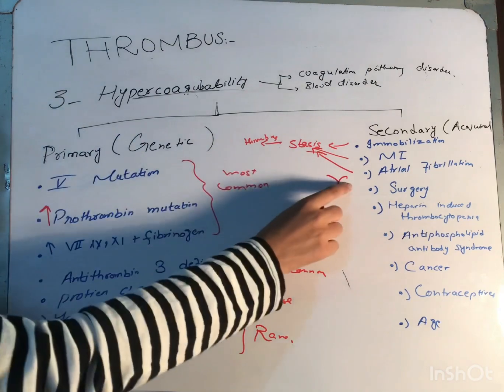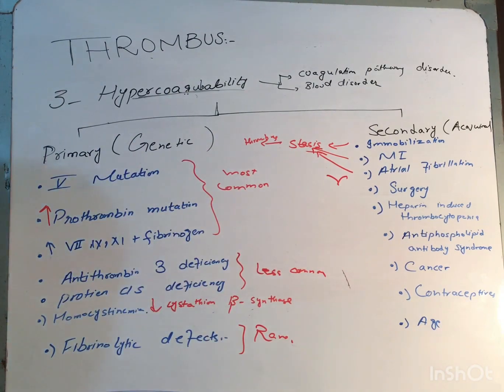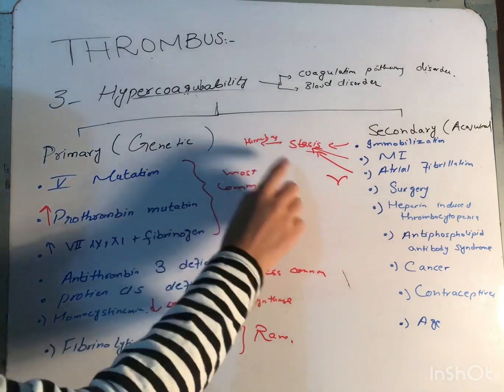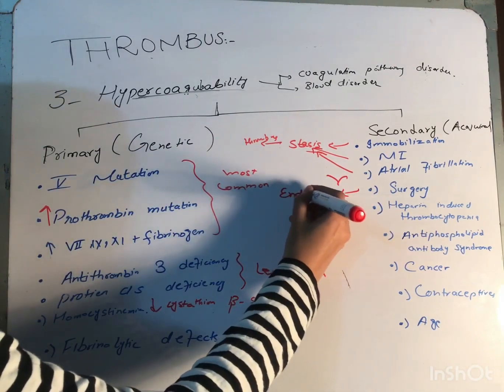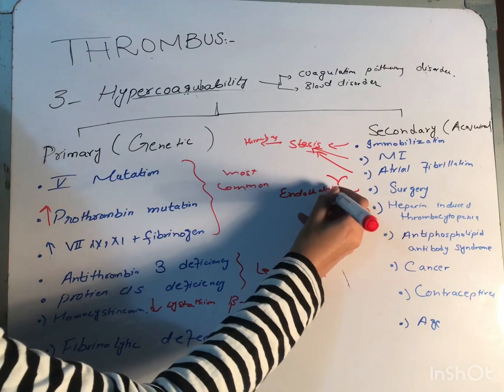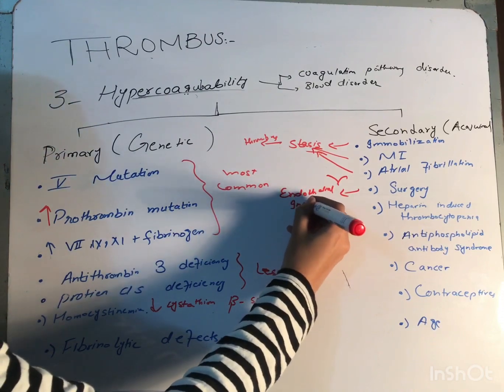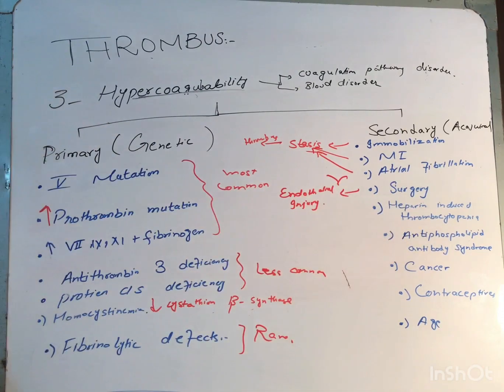Now there comes another reason. It is surgery. In surgery, we know we are injuring our endothelium. So if the endothelial injury is severe, then again there can be thrombus formation. So in surgery, basically the reason is endothelial injury. Or there can be another reason.